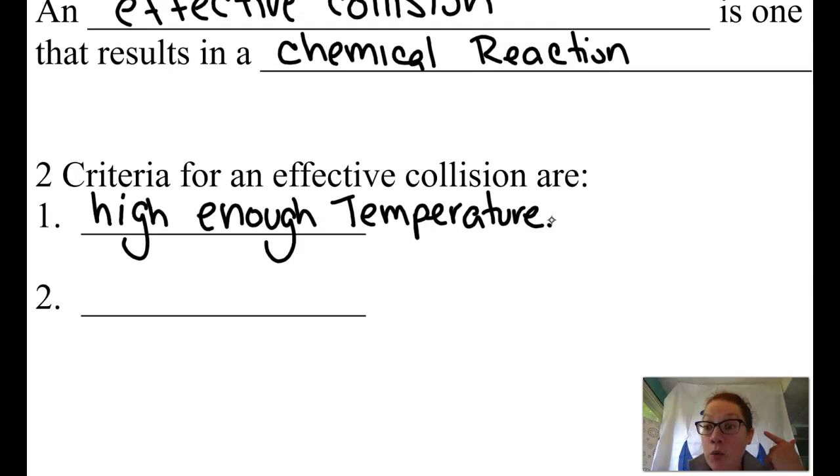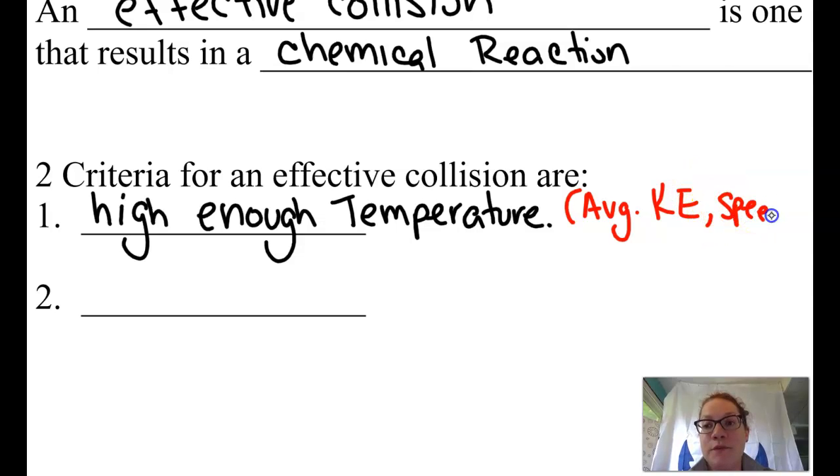So you should be thinking, oh, well, it's the speed of the particles, right? So we can say that they have a high enough temperature. Remember that temperature is a measurement of the average kinetic energy. So they have to have sufficient or enough average kinetic energy, or you can say speed. Right? Temperature measures how fast the particles are moving.